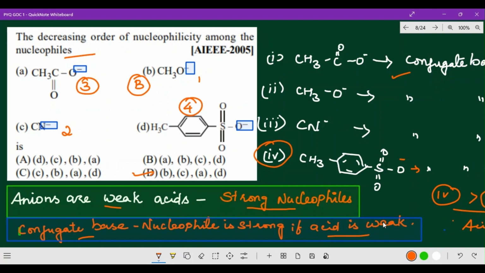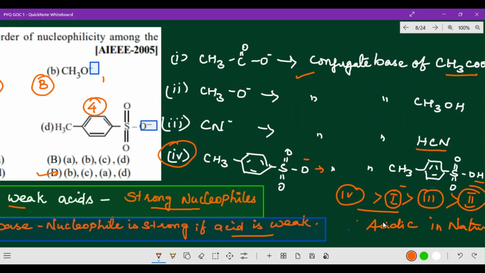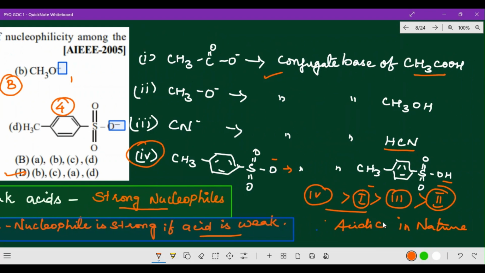Now here I have given a clear idea of which are the conjugate bases among all these. In acidic nature, which is strong and which is weak, I have given the answer; if they ask about acidity, it is also about stability, more or less.